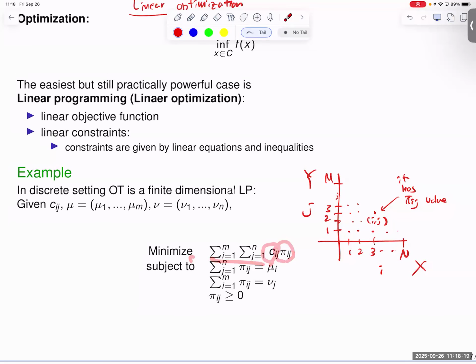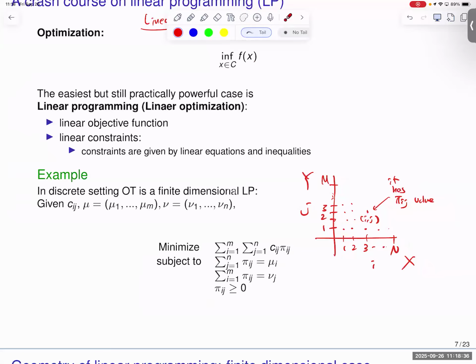So these are all linear expressions. The nonnegativity is not a linear equation but a linear inequality: the linear expression pi_ij is greater than or equal to 0. And the objective function is a linear function. So the optimal transport problem is a linear program.